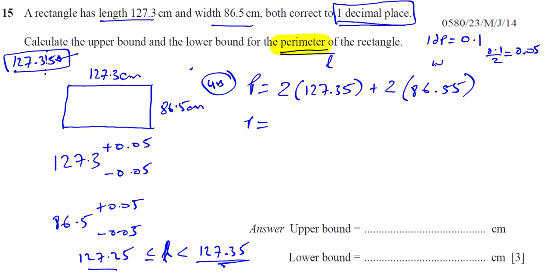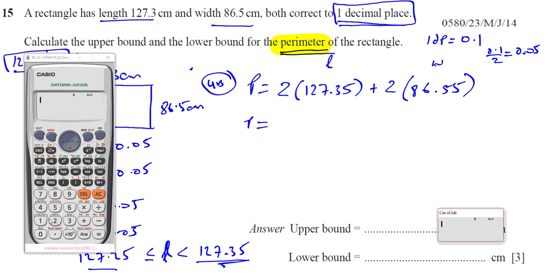You take the calculator and work out what that's going to be. So you have 2 times 127.35 plus 2 times 86.55.